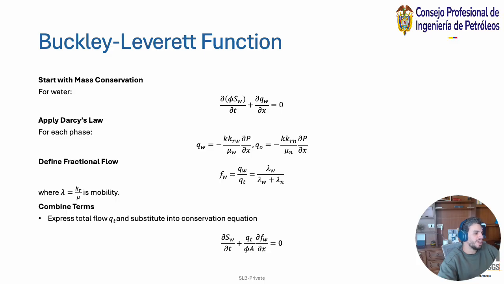And finally, when you combine the terms, you get this expressed total equation for Qt, and you can substitute it again into the conservation of mass equation. So you can solve this equation for water, then for oil, and you finally have the total flow rate, and you can solve the final equation balance, right?